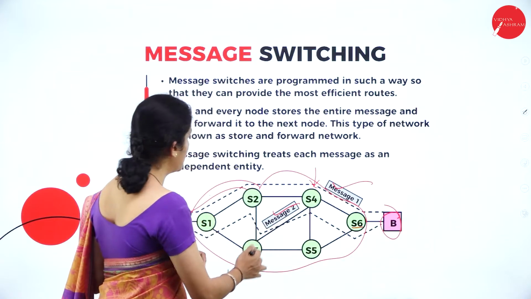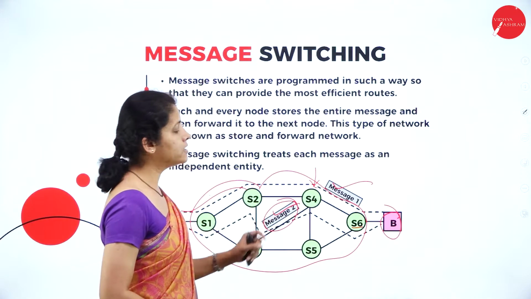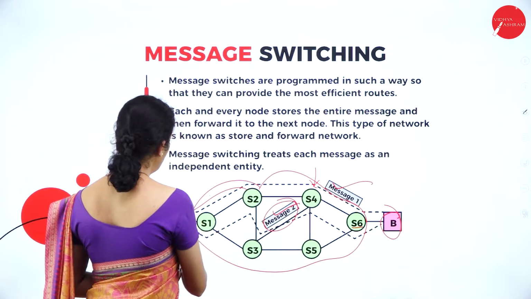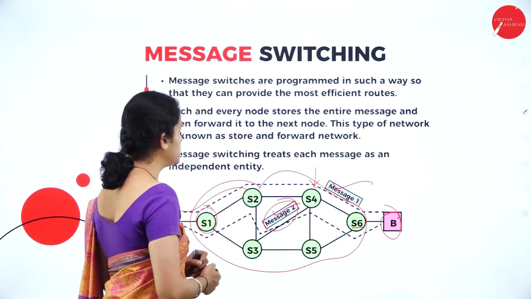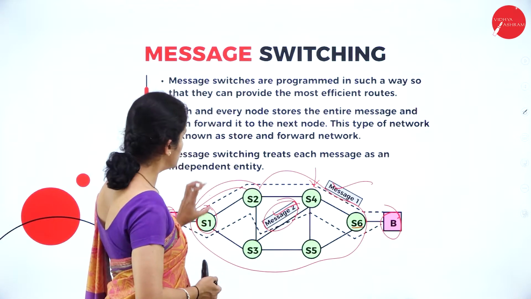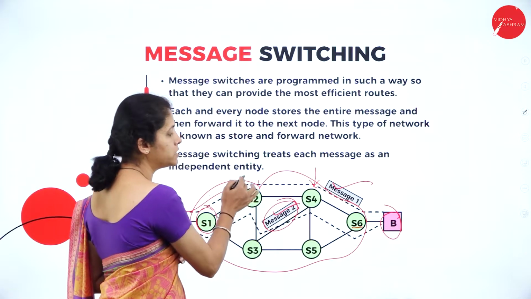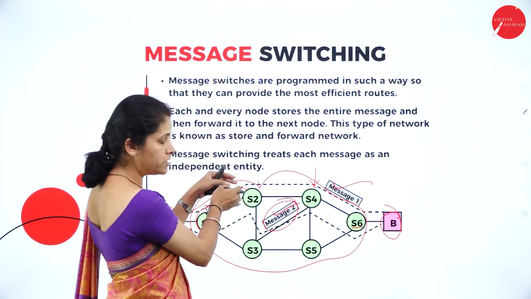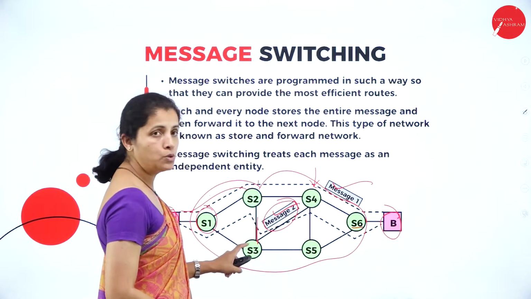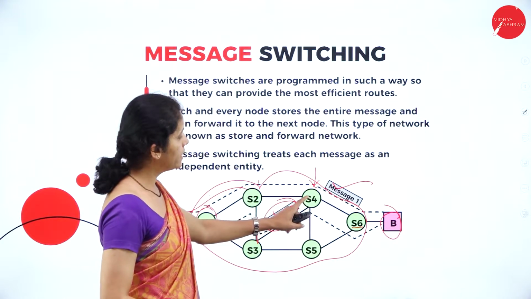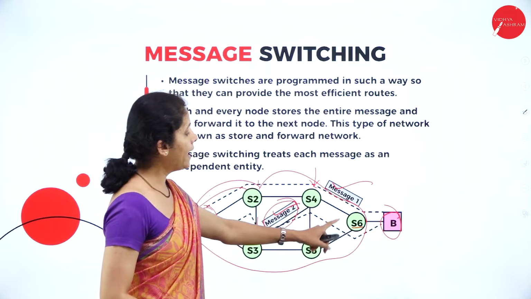The next time, I have message 2, and I'm going to consider another route. I use S1 again. S1 receives message 2, stores it and forwards it to S2. S2 receives message 2, stores it and forwards it to S3. S3 forwards it to S4, S4 stores it and forwards it to S6.